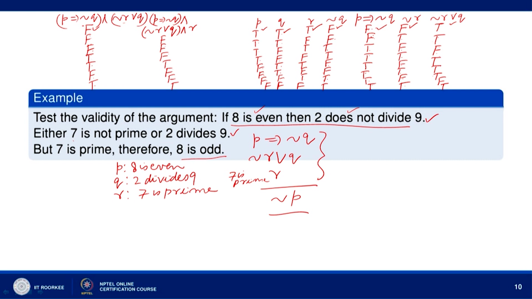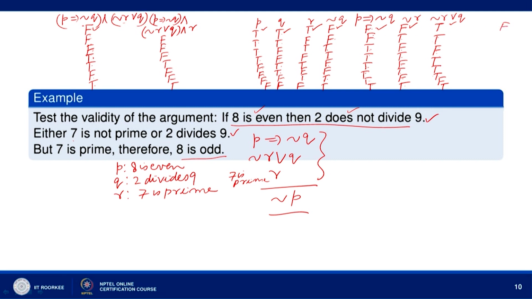And then F T gives F. Then T F gives F. Then T T gives T. Okay. Then T T gives T. Then T F gives F, T T gives T. So, one is missing.